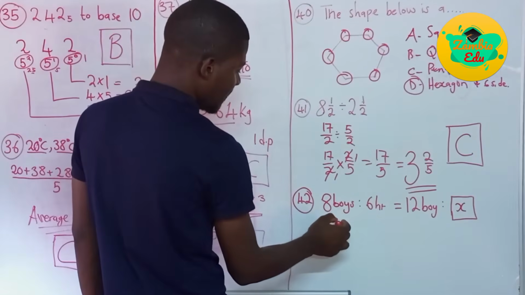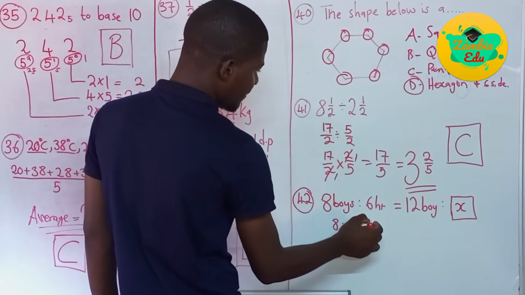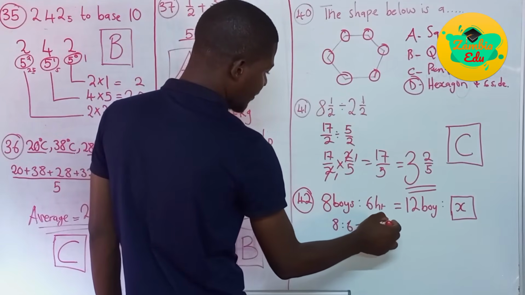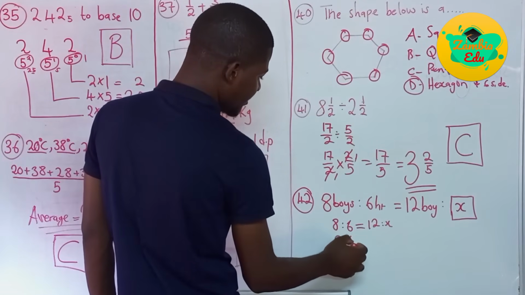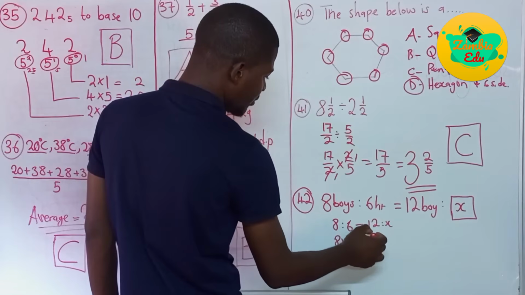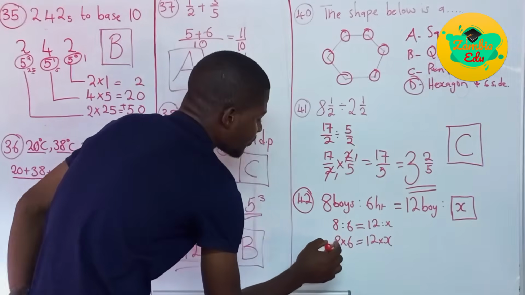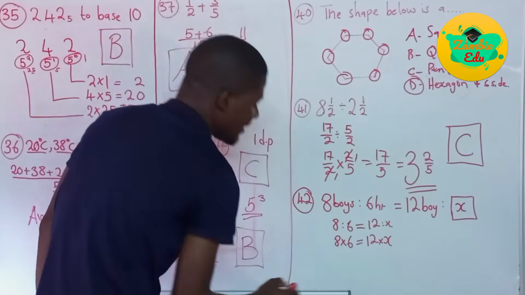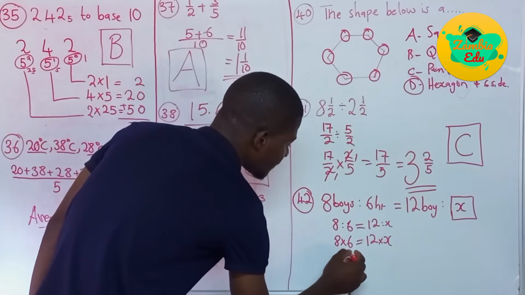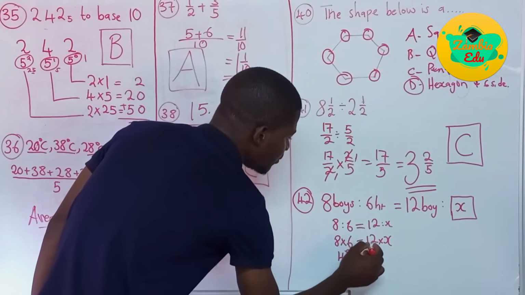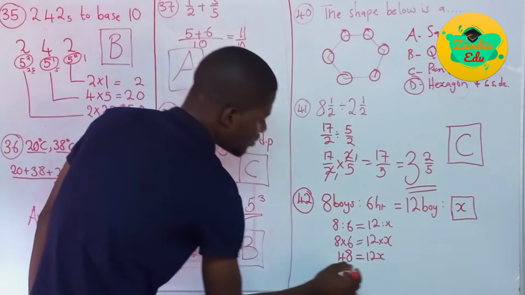So we can say 8 to 6 equals 12 to x, which is the same as 8 times 6 is equal to 12 times x. What is 8 times 6? 8 times 6 gives us 48, which is equal to 12x.